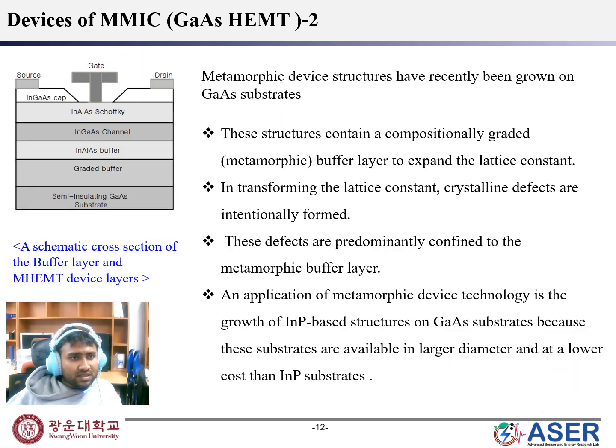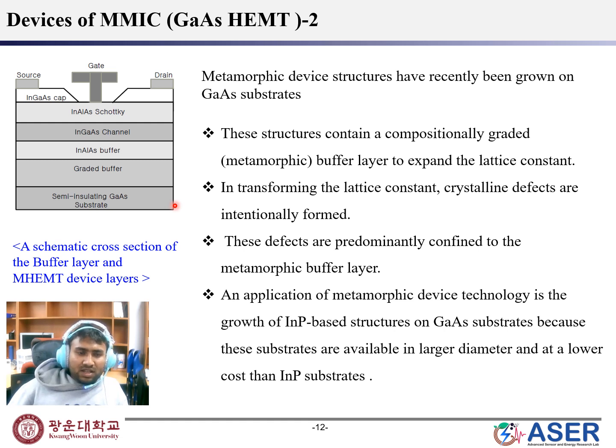This is the MMIC gallium arsenide HEMT. Mainly this image is a schematic cross section of the buffer layer and HEMT device layer. That means the metamorphic device is this one. Metamorphic device structures have recently been grown on gallium arsenide substrates. This structure contains a compositionally graded metamorphic buffer layer to expand the lattice constant.